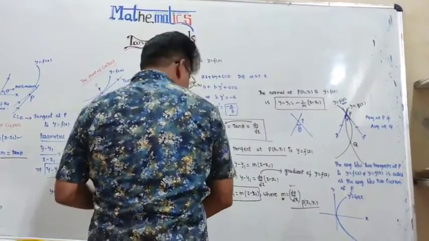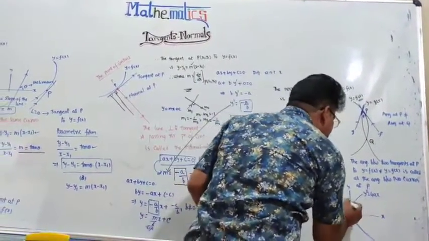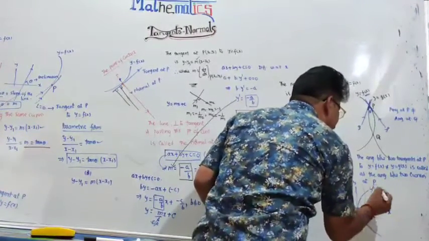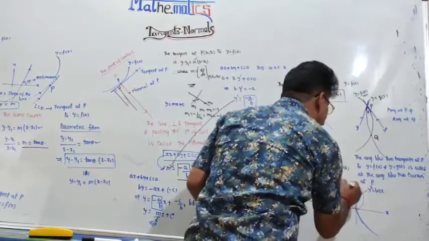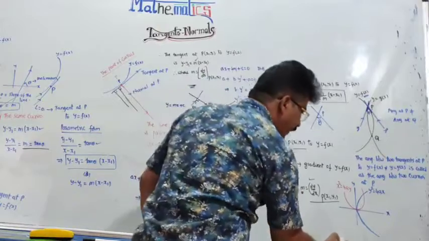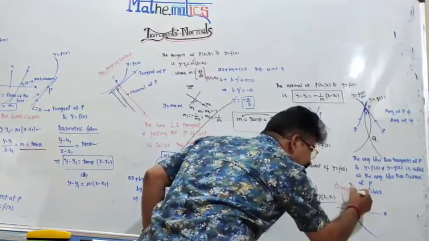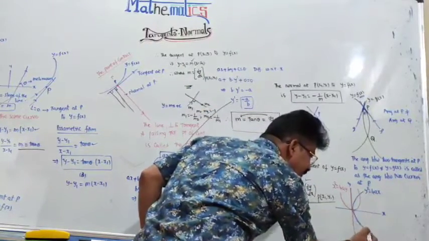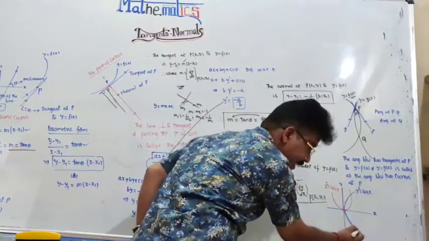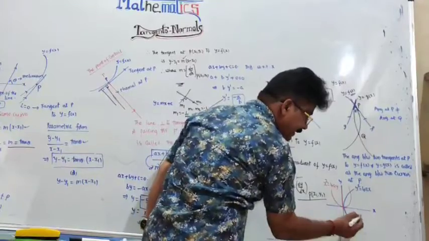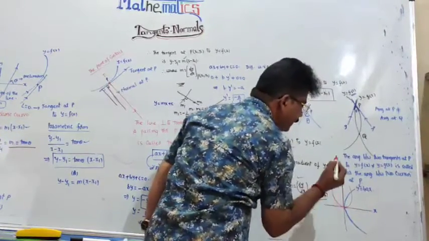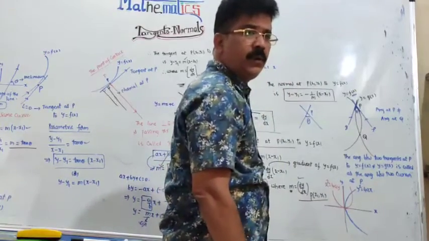Next, another parabola, x square is equal to 4ay. Understand? Actually, the y-axis is the tangent to the parabola y square is equal to 4ax. Next, the x-axis is the tangent to the parabola x square is equal to 4ay.